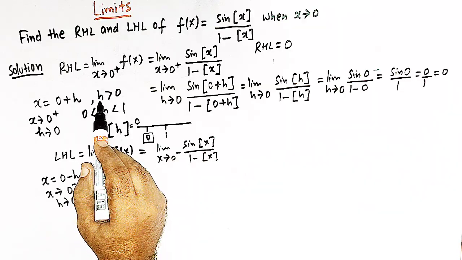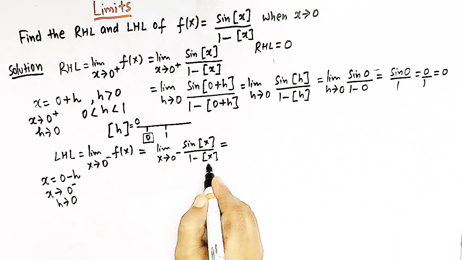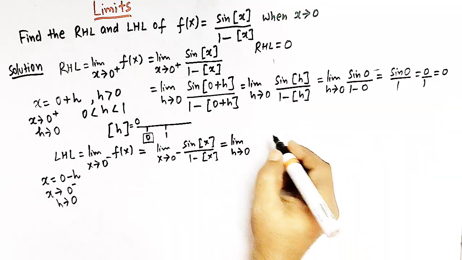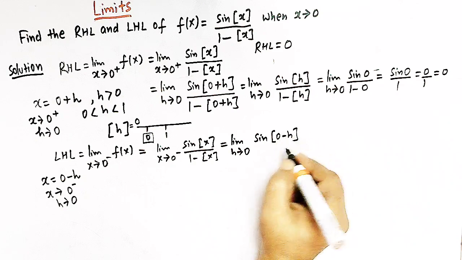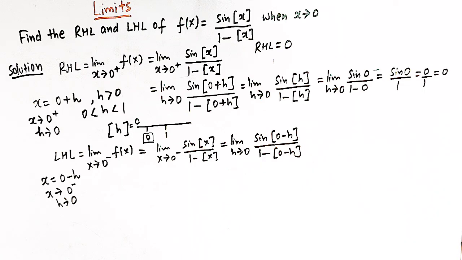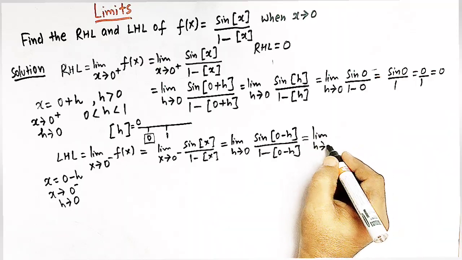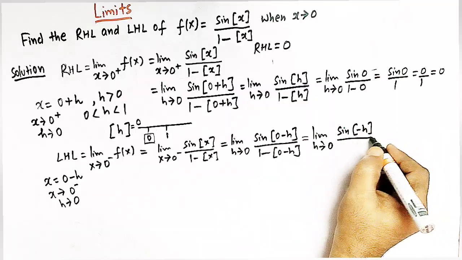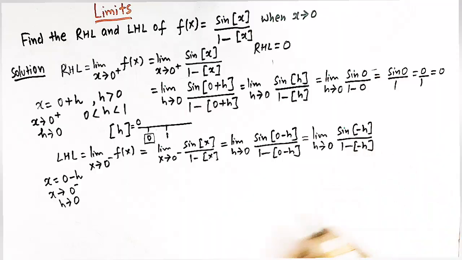Remember, h is a positive quantity and lies between 0 and 1. So we have limit h tends to 0 of sine of greatest integer of minus h divided by 1 minus greatest integer of minus h.